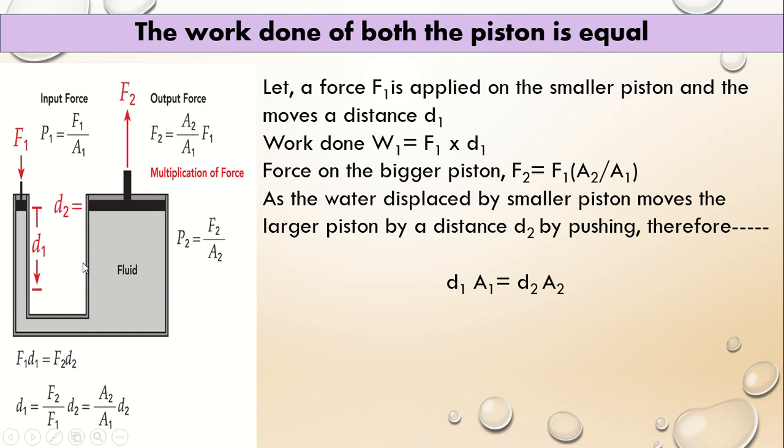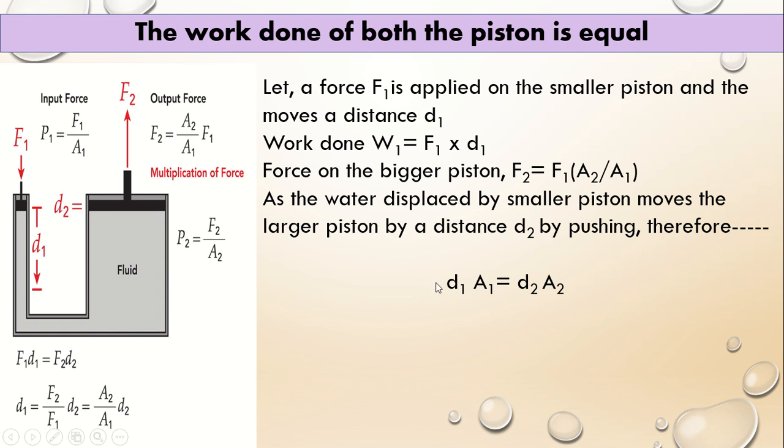That means d1 A1 means what? Volume. The volume of water displaced by the smaller piston in the downward direction, the same volume of water will move above by the larger piston.